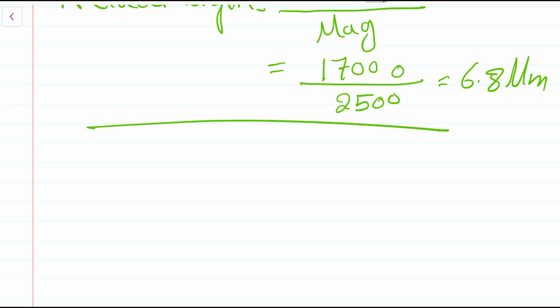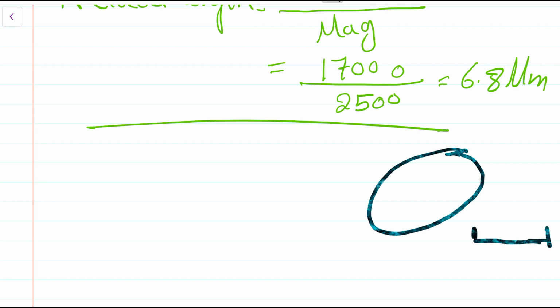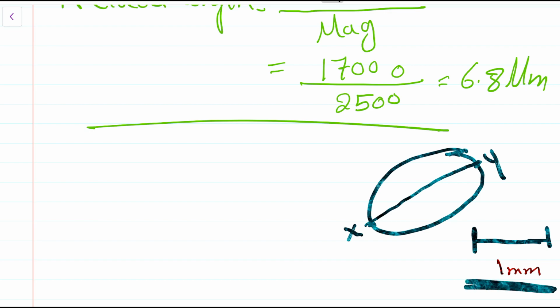But sometimes we use the scale line. What do we mean by the scale line? For example, if we have this diagram, and there is a scale line drawn, and on the scale line you can see 1 millimeter. And we have 2 points. Between these 2 points we need to know the actual length of this structure. First point, I have here the scale line.